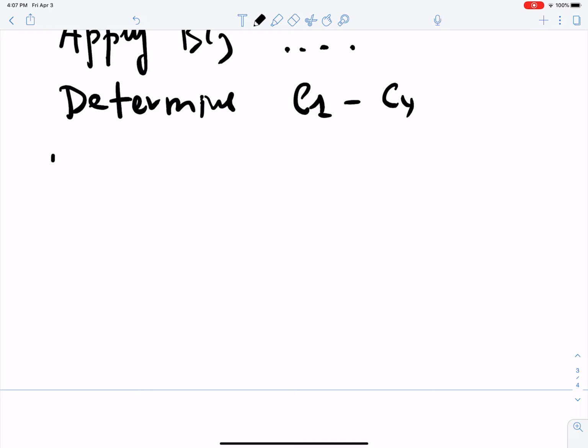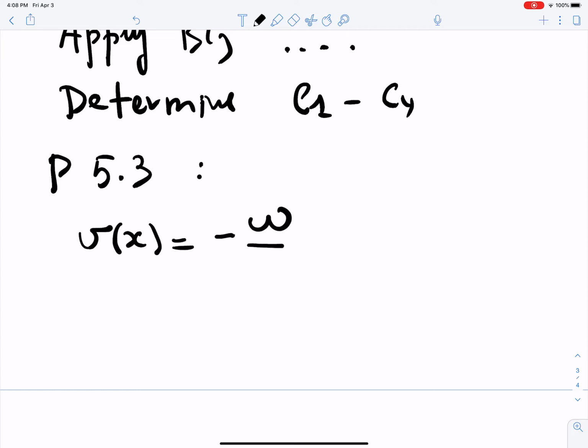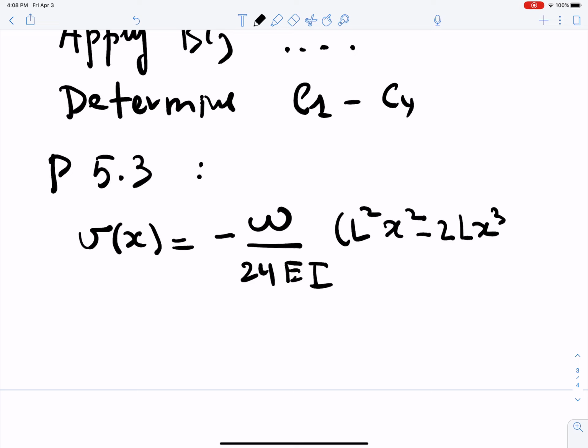So if you look on page 5.3, you find that the vertical displacement v of x becomes minus w over 24 EI times L squared x squared minus 2L x cubed plus x to the fourth.